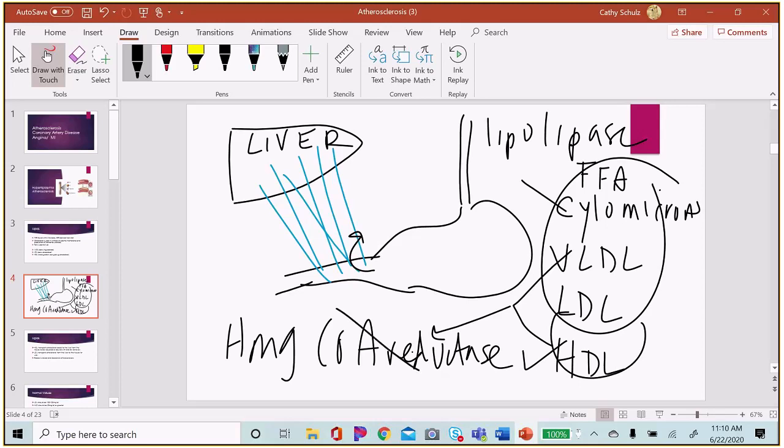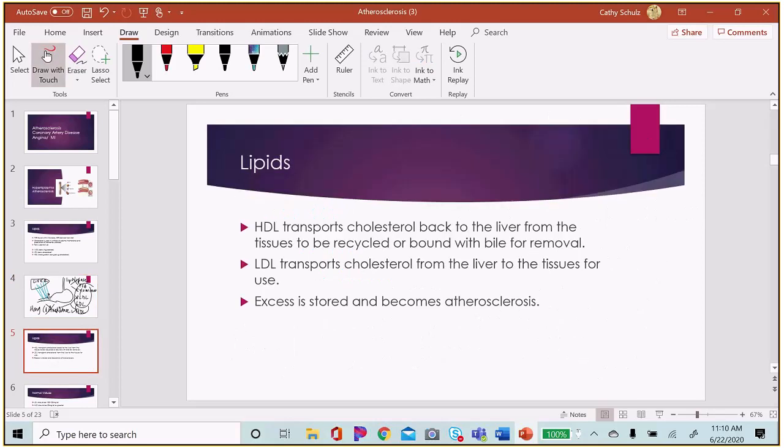So the medication targets are really changing the activity of those enzymes, so we produce less of those products. HDL transports cholesterol back to the liver from the tissues to be recycled. LDL transports cholesterol from the liver to the tissues for use.